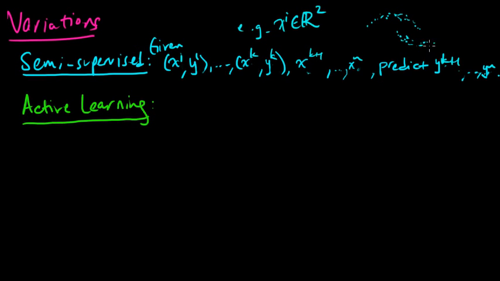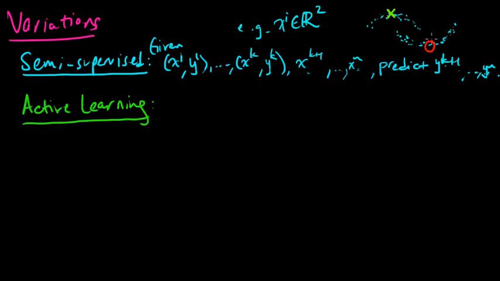This is a classic toy problem they call the two moons data. And then you get a label here, x, and a label here, which I'll denote by a circle. So this is from one class and this is from another class. And you have to figure out what are the labels of all the other points.